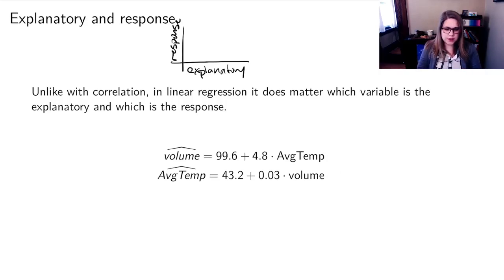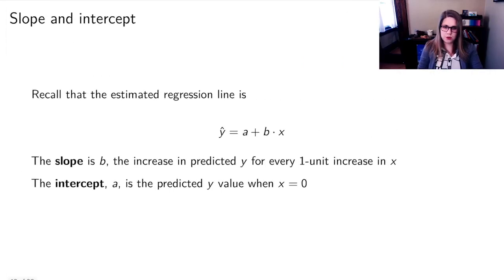So there are a number of things that we can do with our linear regression model. We've seen how we could use it to make predictions or to calculate residuals. I think one of the most important things to do is to be able to interpret the values out of your regression equation. So remember, we've got our estimated regression line, y hat is equal to a plus bx.